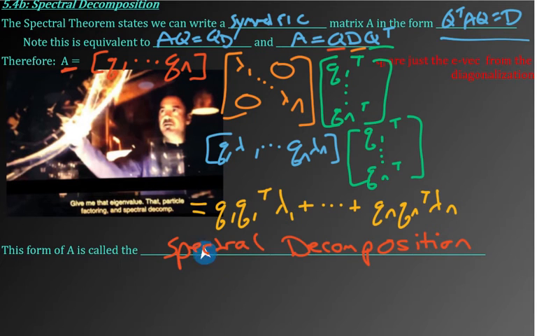I think the spectral part comes from the spectrum of a matrix being, again, the set of all the eigenvalues. I think I said that in the last video. So what we've done here is decompose A into this weird summation that involves the spectrum. I think that's where the name comes from.